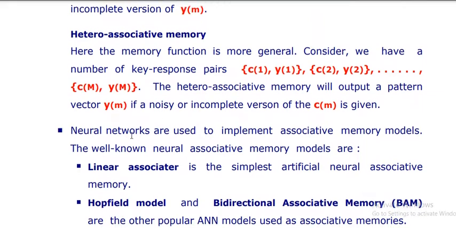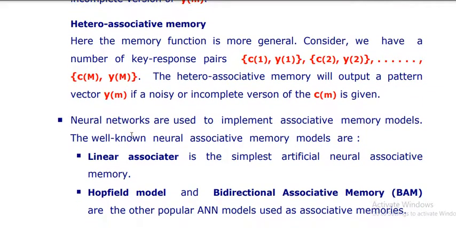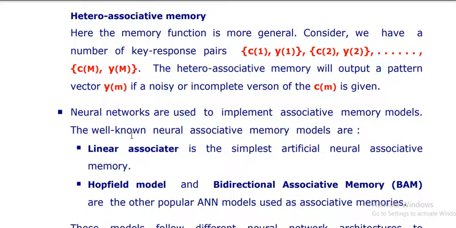Hetero-associative memory. Here the memory function is more general. Consider we have a number of key response pairs: C1 Y1, C2 Y2, dot dot dot, CM YM. So in this form, hetero-associative memory deals with these kinds of pairs. The hetero-associative memory will output a pattern vector YM if a noisy or incomplete version of CM is given.